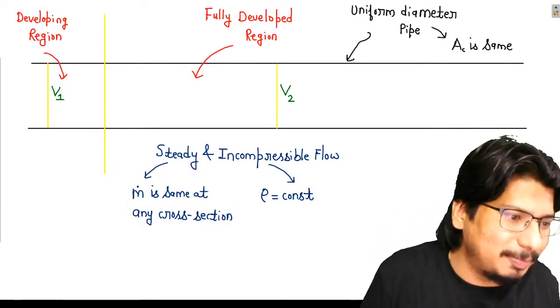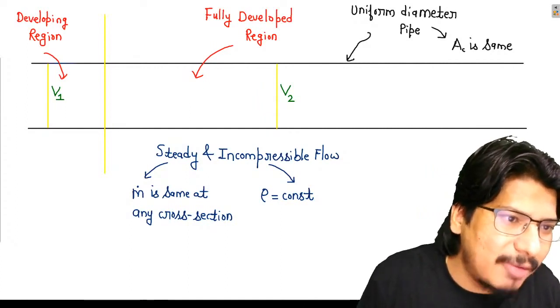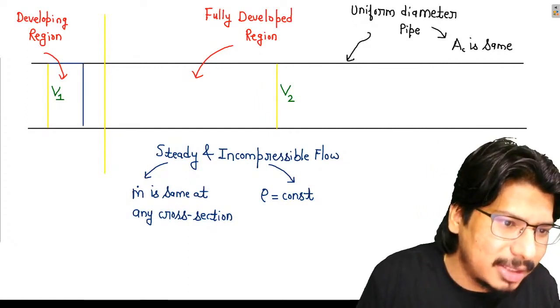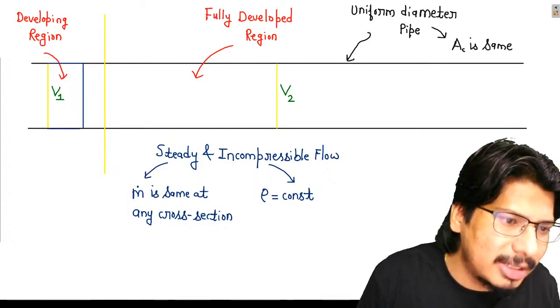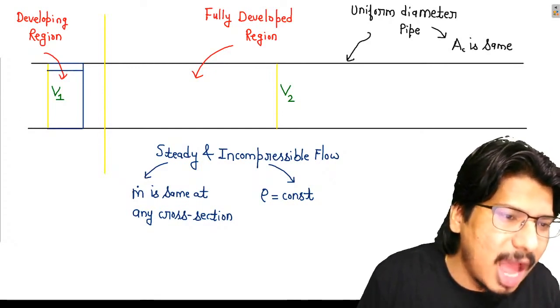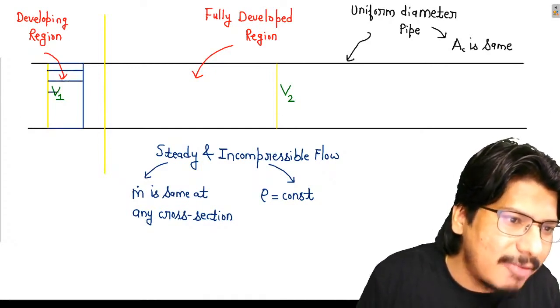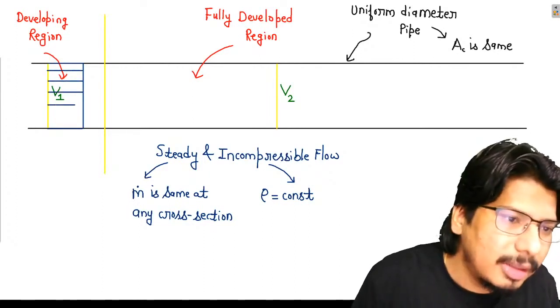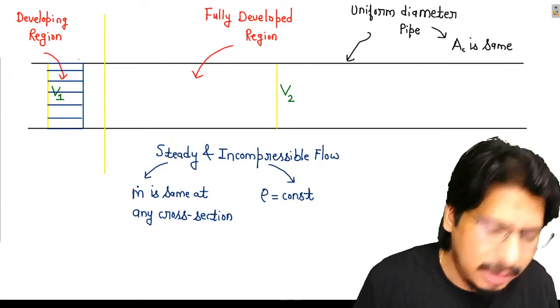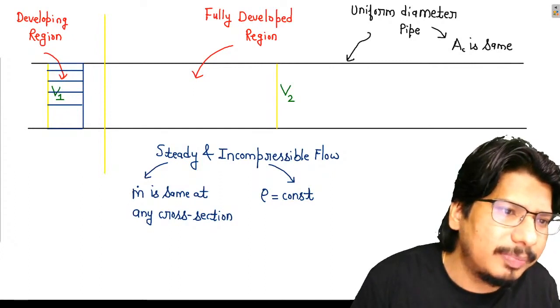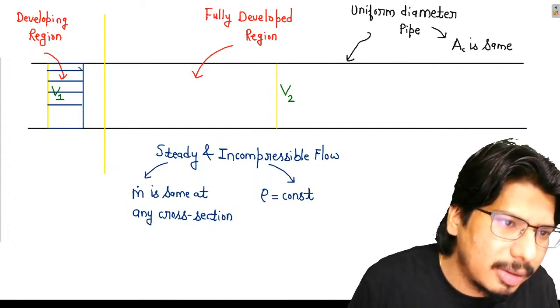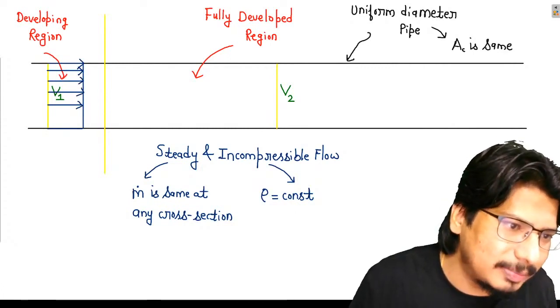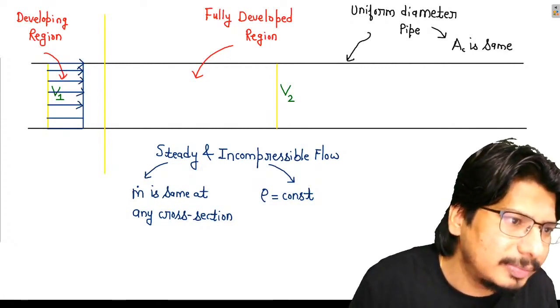That means, look at here. ध्यान से देखना बेटा, if the average velocity here is V1, then the same average velocity you will be having at any other cross section.